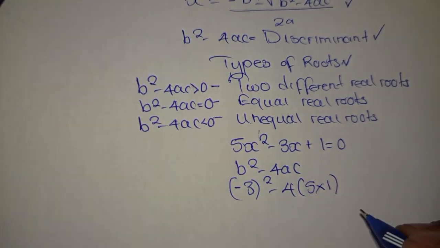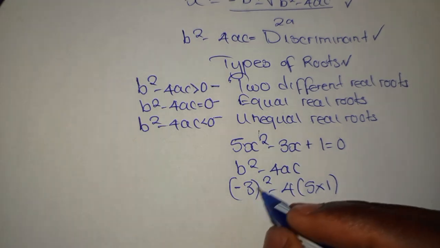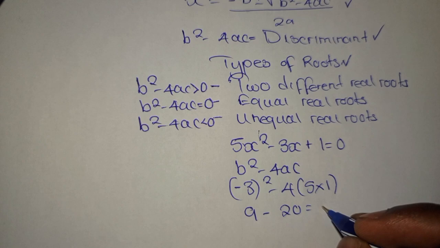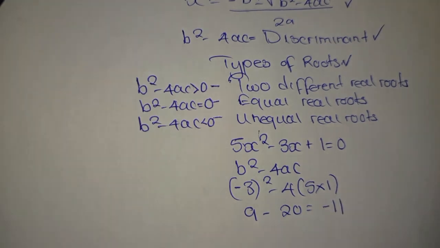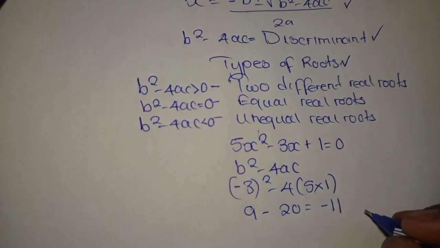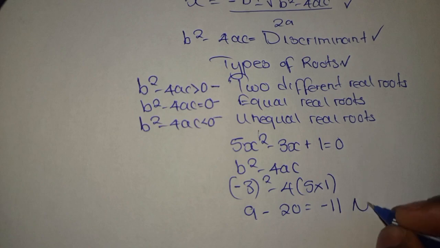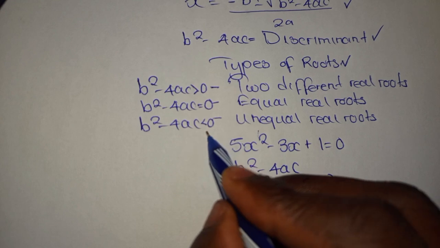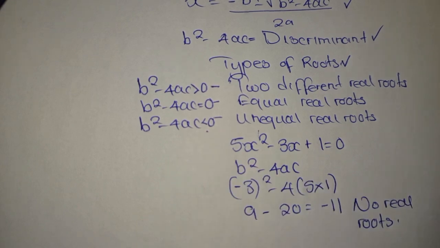So this is what we do there. This is 9 minus 20, which when you subtract, you get negative 11. So this negative 11 tells us we have no real roots. The reason we have no real roots is because this value is lesser than 0.